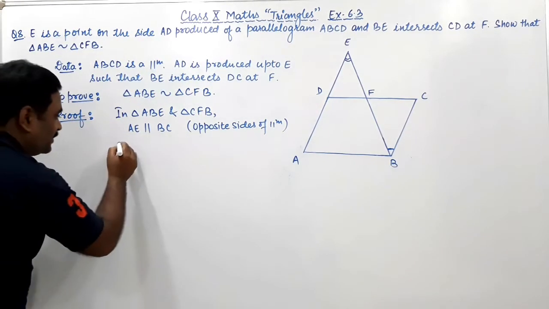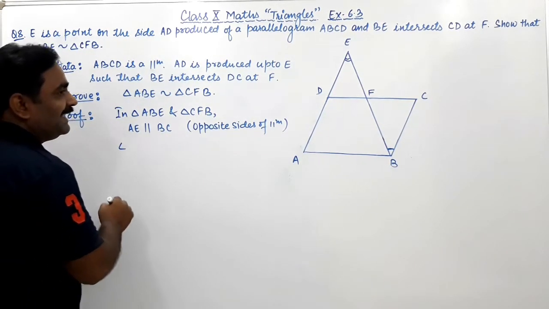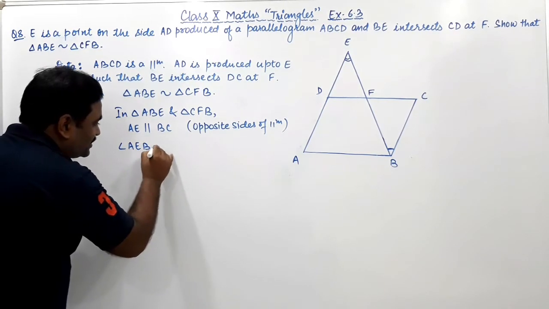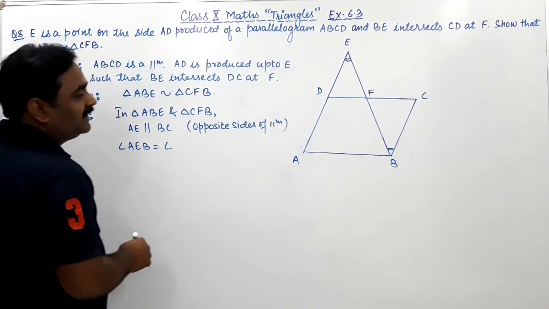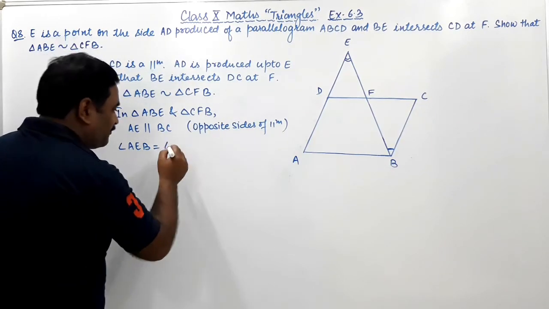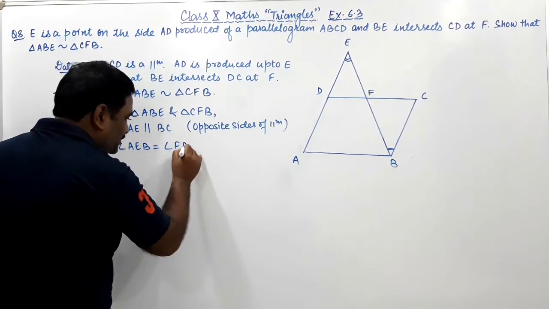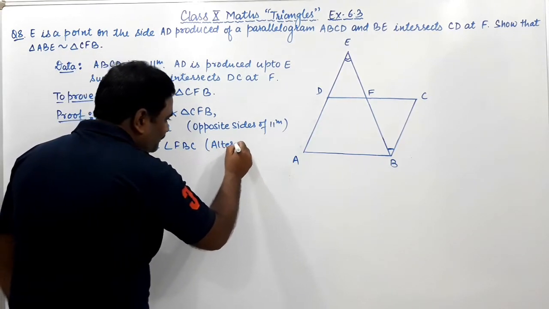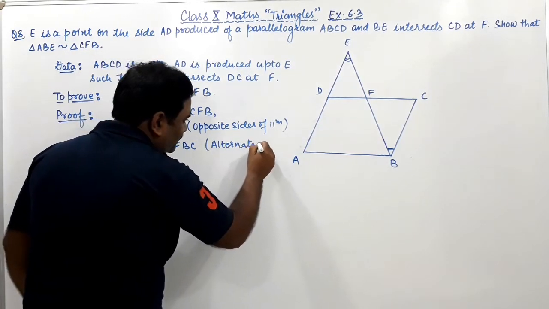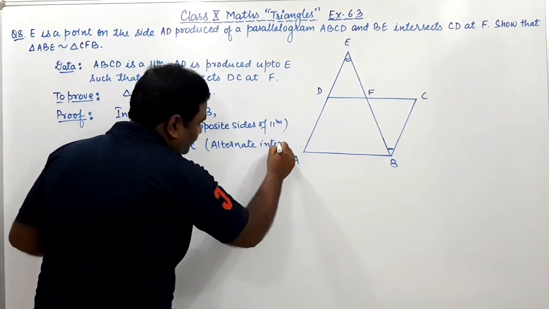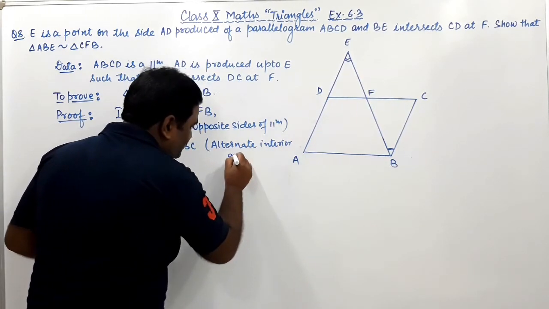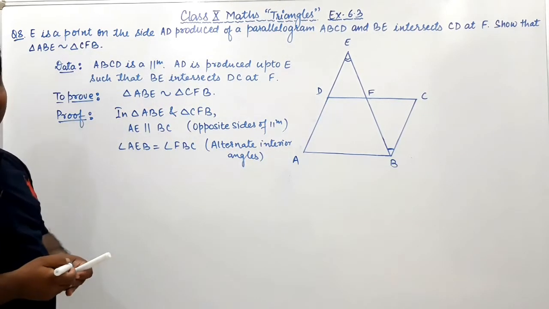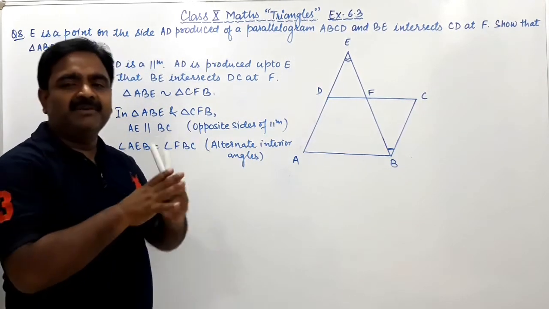So therefore measure angle AEB is equal to measure angle EBC, or FBC, by alternate interior angles. Right friends?